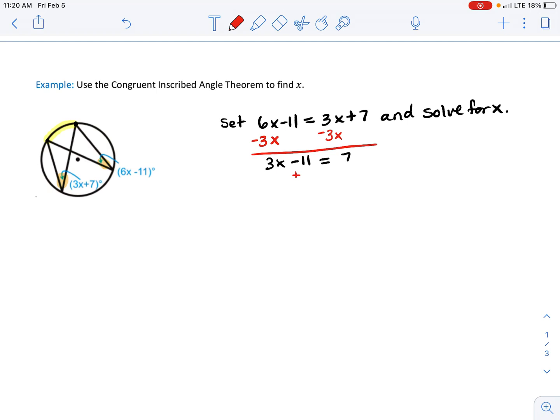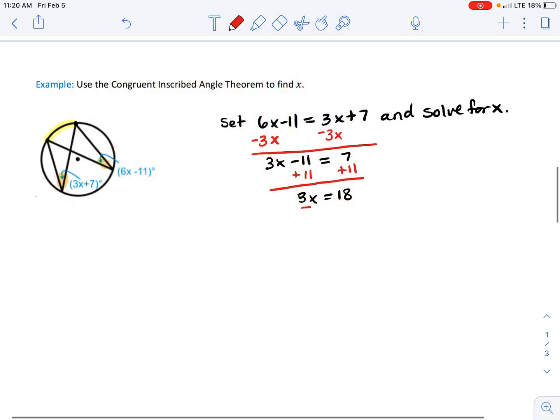So since it's minus 11, I'm going to add 11 to both sides. And so this gives me 3x is equal to 18. And then now finally, to isolate x, since I'm multiplying by 3, I need to divide both sides by 3, and so I get that x is equal to 6.